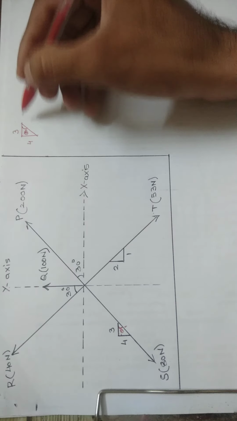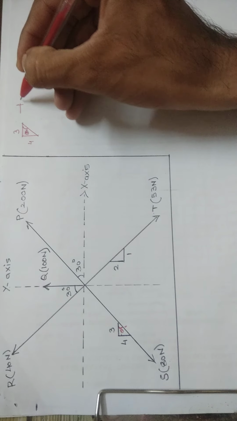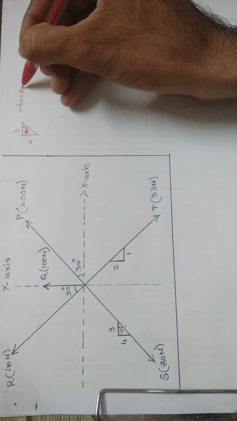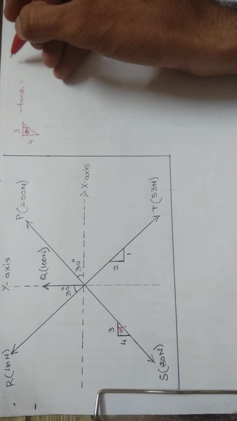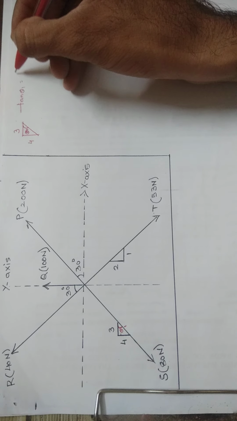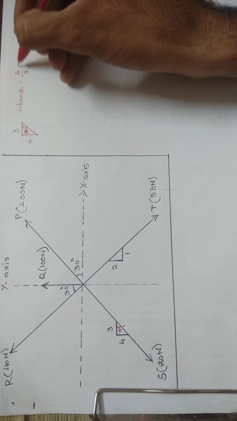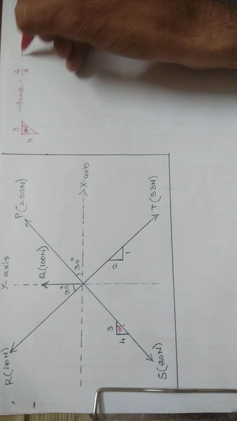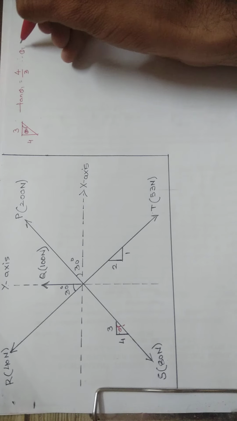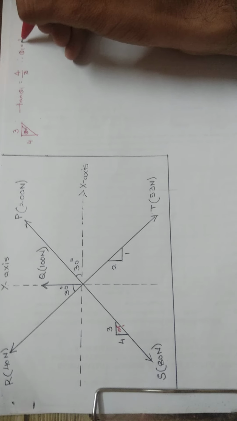So how do we find this angle theta? We can use the formula tan of theta 1 equals opposite upon adjacent. The opposite in this case is 4 and the adjacent is 3. Therefore theta 1 equals tan inverse of 4 by 3.